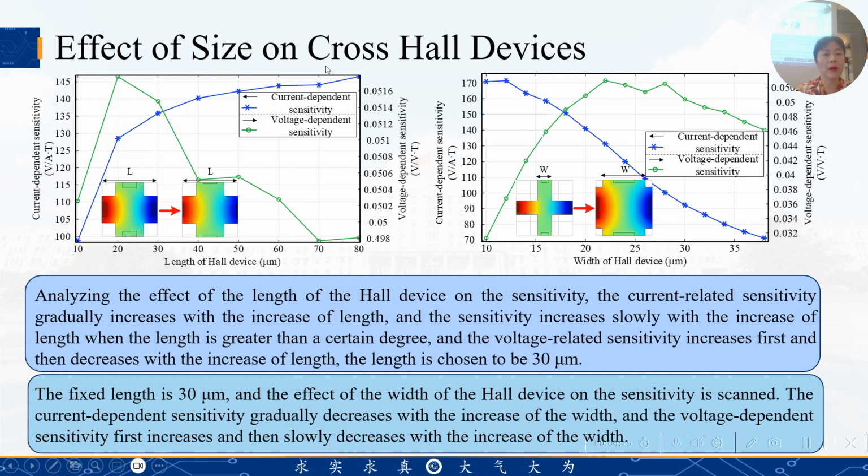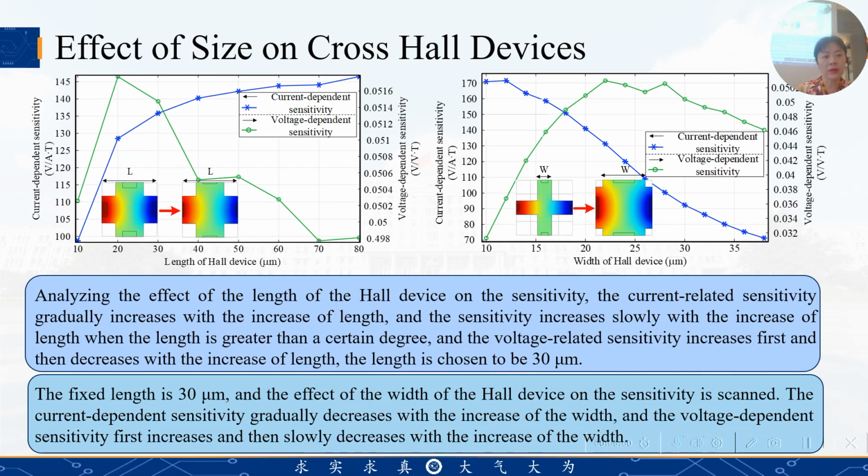In fact, we focus our research on cross-Hall devices, and we have done some simulations. When we analyze the effect of the length of the Hall device on the sensitivity, the current-dependent sensitivity gradually increases with the increase of length, and increases slowly when the length is greater than a certain degree, and the voltage-dependent sensitivity increases first and then decreases with the increase of length.